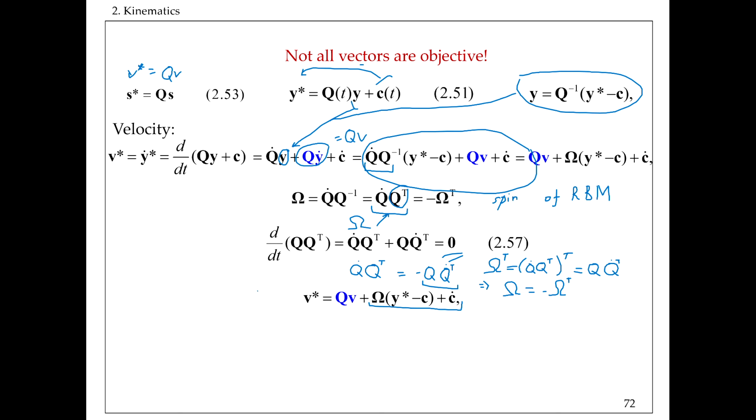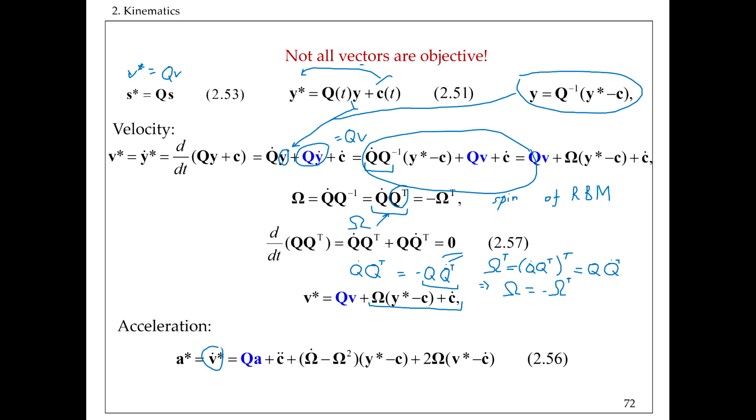Now we can follow a similar procedure for the acceleration vector. Once we have this formula for v star, the acceleration is just the time derivative of the velocity, so a star will be the time derivative of v star.